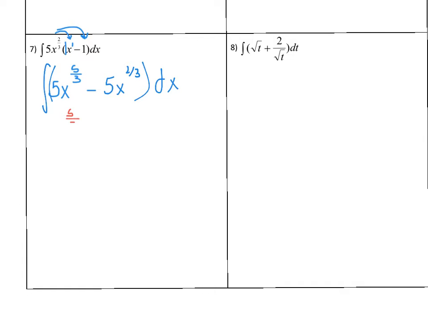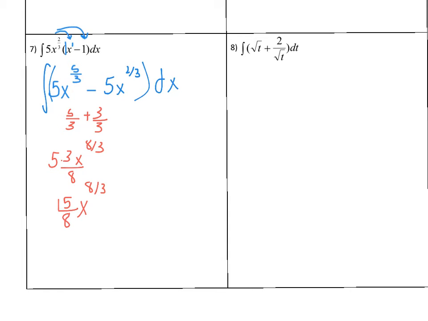So 5/3 is the power plus 1, which is 3/3. That gives you 8/3. So 5x to the 8/3, and then instead of dividing by 8/3, we're going to multiply by the reciprocal. So if we multiply tops with tops, bottoms with bottoms, we get 15 over 8x to the 8/3.